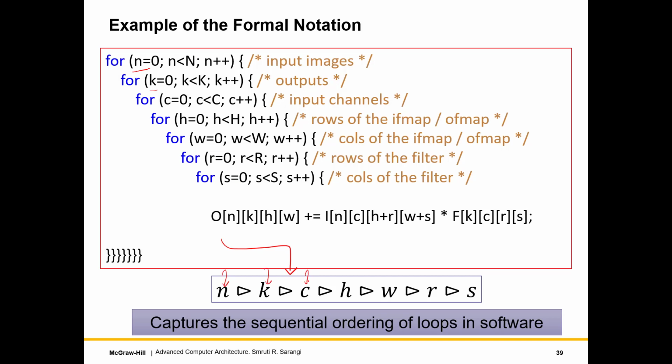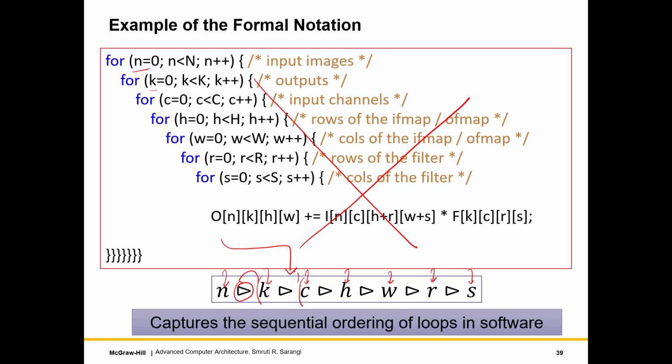So at least for a simple single threaded software implementation, this is good enough. Instead of having this entire piece of code over here, we could just have 7 of these symbols, which capture the iterators, and we could write them in this fashion, where this indicates a sequential operator, which means that all of these loops are nested inside this loop.